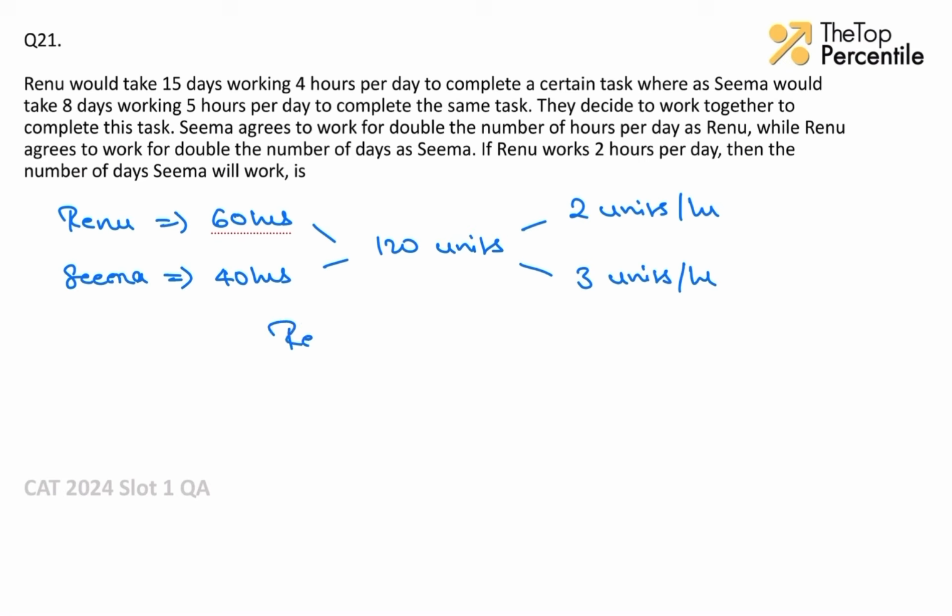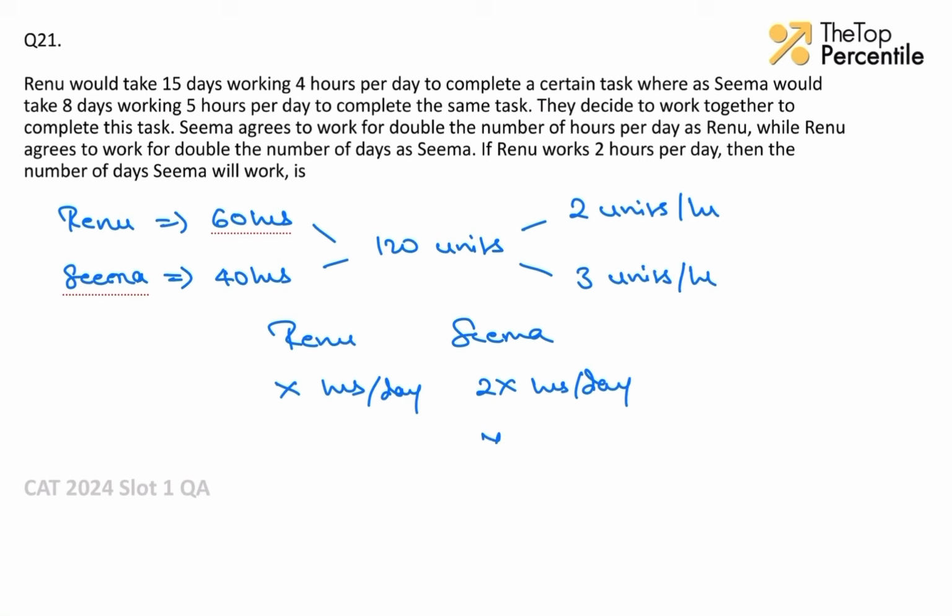So again, I have Renu and Seema here. Seema agrees to work double the number of hours per day as Renu. So if Renu is taking x hours per day, Seema will take 2x hours per day. While Renu agrees to work for double the number of days as Seema.